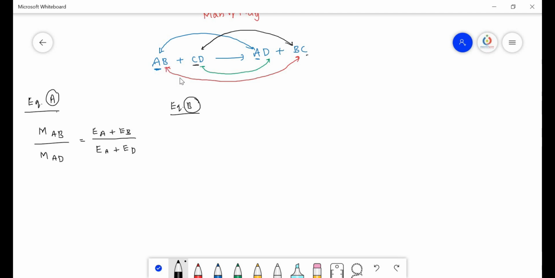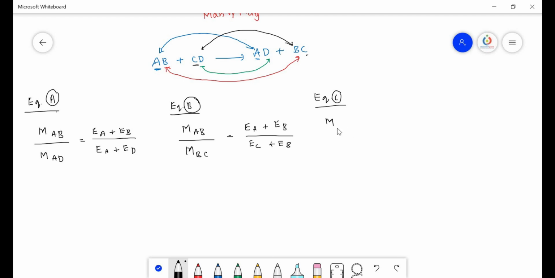only for B, then you need to relate both of these compounds. So mass of AB divided by mass of BC equals equivalent mass of A plus equivalent mass of B, divided by equivalent mass of C plus equivalent mass of B. And if you want to know the equivalent mass of C, then you need to relate the compounds where C is present in these two compounds.